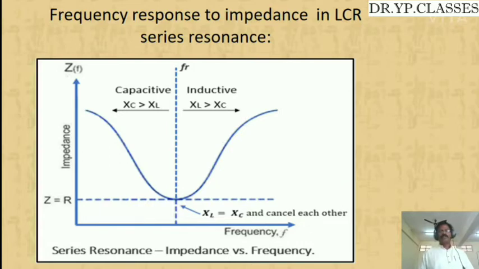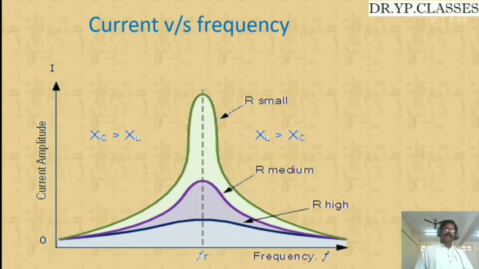The next half, to the right of FR, is the inductive circuit; to the left of FR is the capacitive reactance, and at FR both are equal. XL is equal to XC. This is a peculiar case of the series resonance circuit. When that happens, Z is minimum, and the current will be maximum. Current becomes maximum naturally.